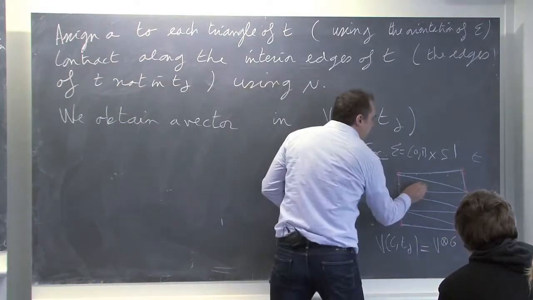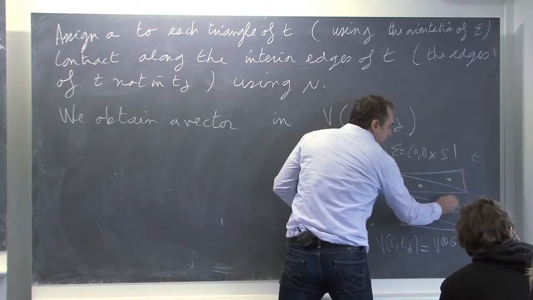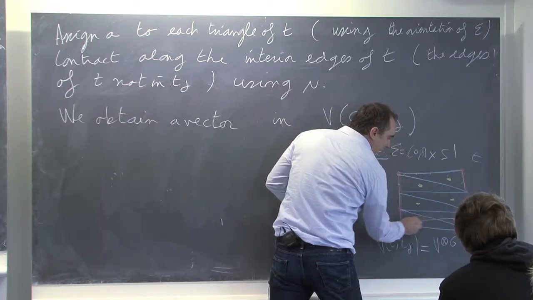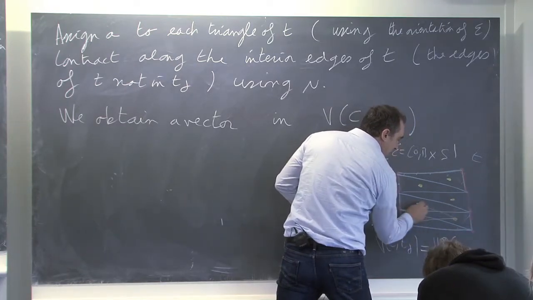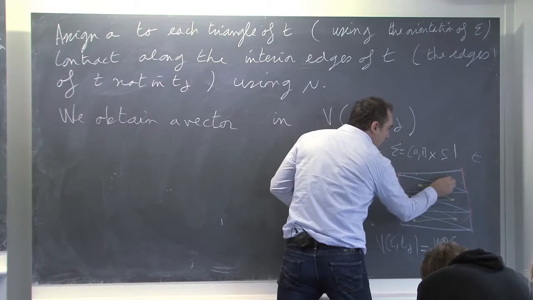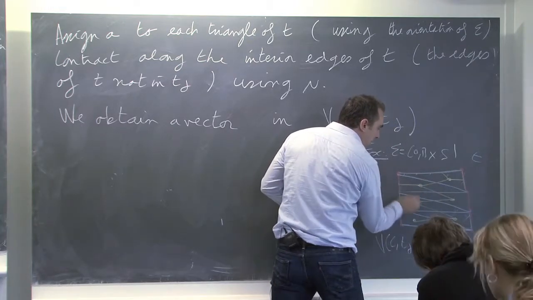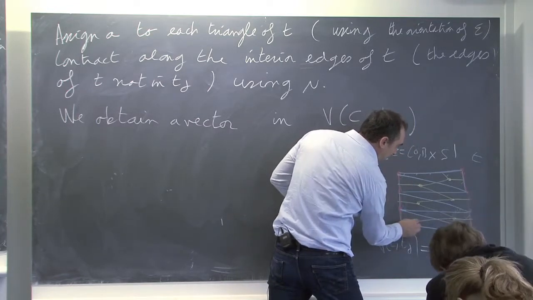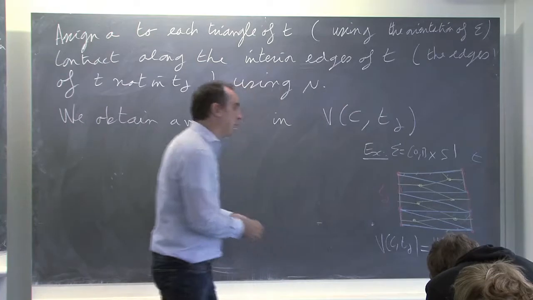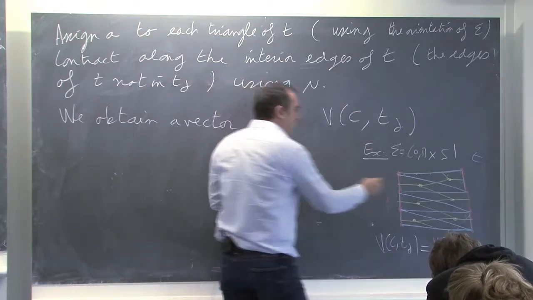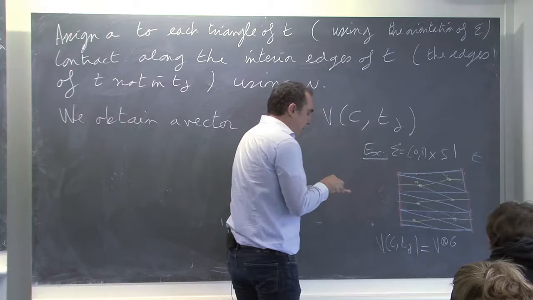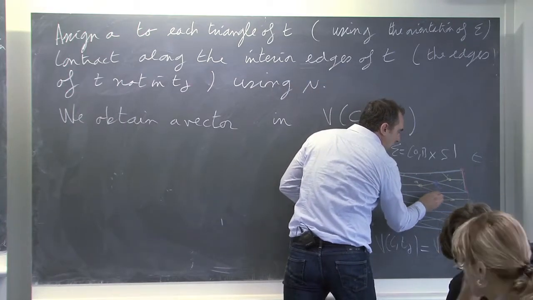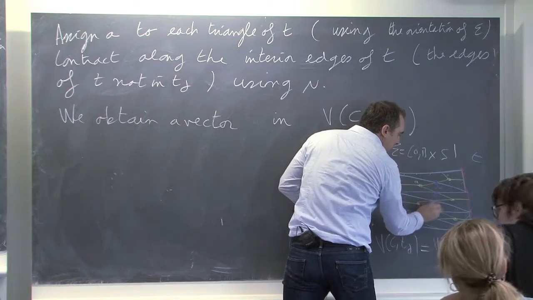We put some A to each triangle. So we contract along the edges. And so this is A, and we have mu's here. We contract only along the interior edges.